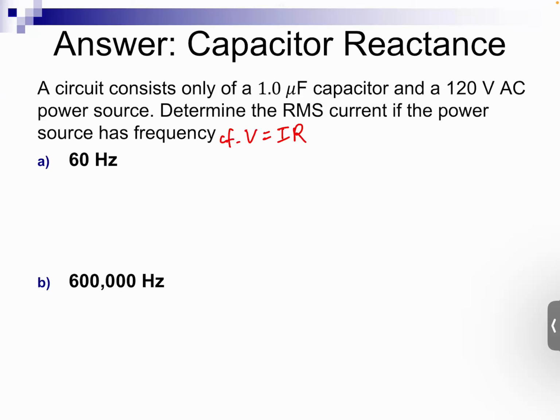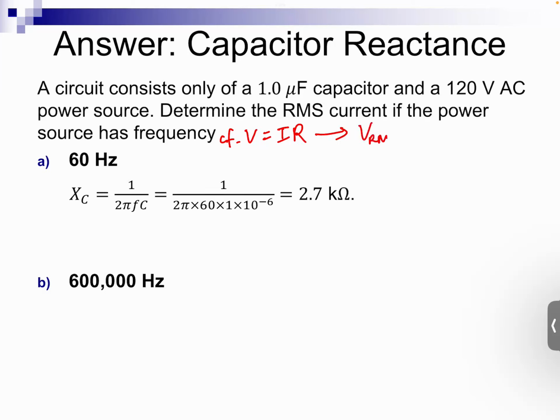But instead of R, because R refers to a resistor, and in this case you have a capacitor, use the capacitive reactance XC.